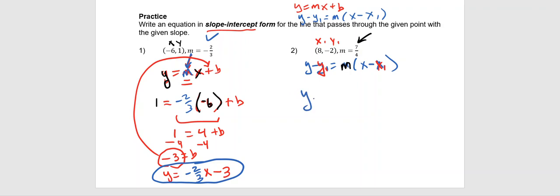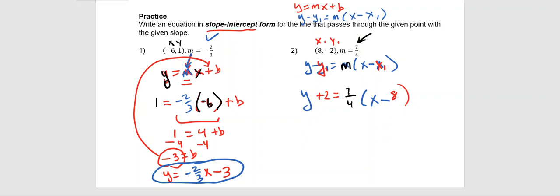So I'm going to say y, we know minus negative 2 is going to turn into plus 2, is equal to, let's see, our slope is 7/4, and then parentheses x minus, and our x1 value is going to be 8. Okay, now we can begin to use this equation and simplify.